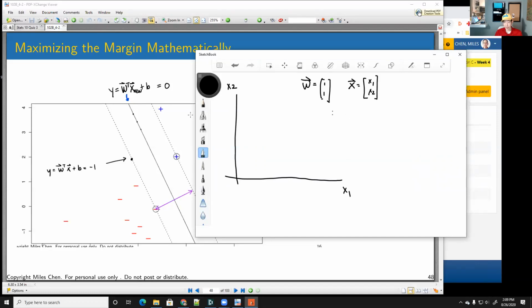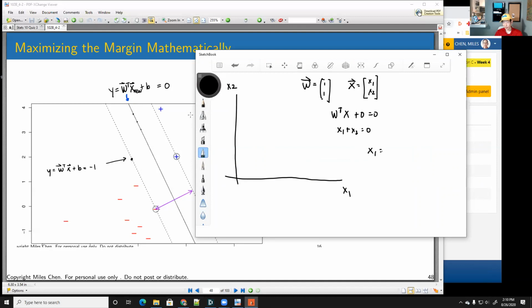Then W transpose X plus 0 equals 0. If I multiply W times X, this turns into the equation x1 plus x2 equals 0.